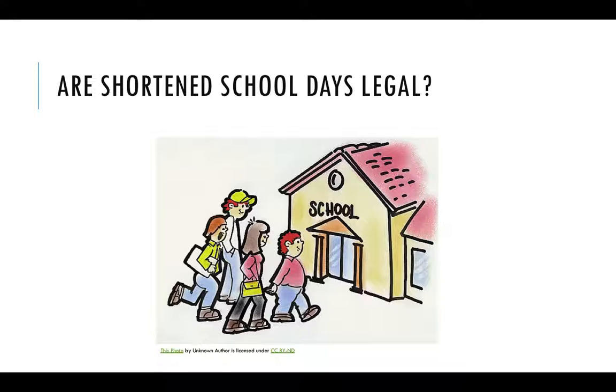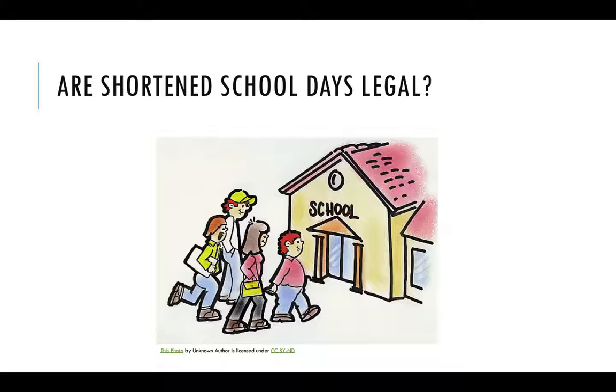Another situation that I've come across as far as shortened school days goes is through transportation. So, for example, students with disabilities are transported on the same bus, but that bus leaves school 15 minutes early every day for logistical reasons. So that would be like a special education bus.